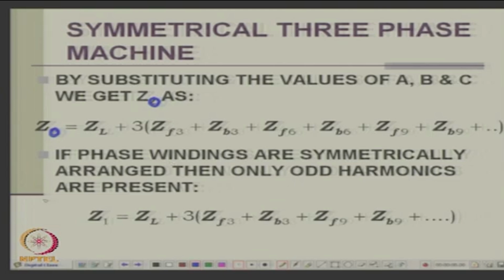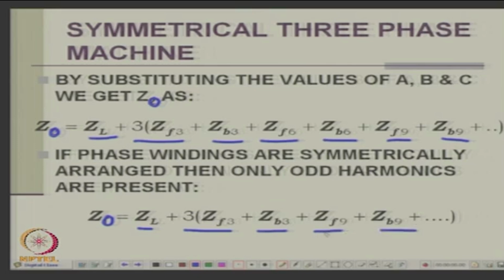So, interestingly, if you do this, A plus B plus C will be ZL plus 3 times ZF3, ZB3, ZF6, ZB6 etc. Again, if you remove the even harmonics, Z naught will be equal to ZL plus 3 times ZF3, ZB3, ZF9. What does it say? Only triplen harmonics, both forward and backward.